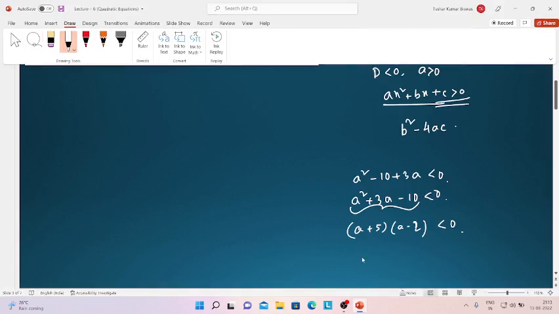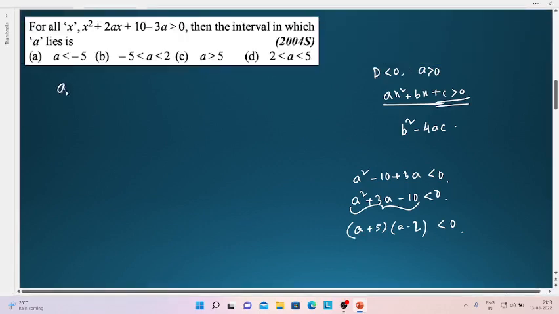So the inequality given is a plus 5 times a minus 2, which is less than 0. If we put the first factor equal to 0, we get a equals minus 5, and if we put the second factor equal to 0, we get a equals 2. Let me plug in these values on the real axis.